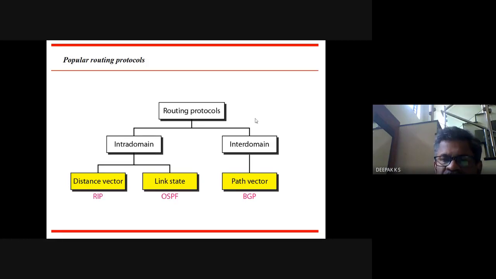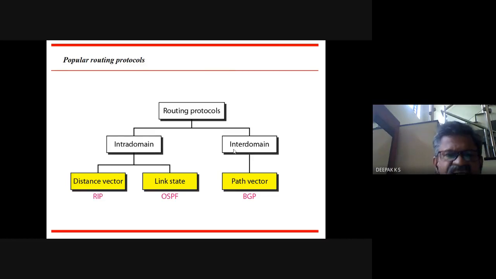So it is the inter-domain protocol between autonomous systems. And for intra-domain routing protocols, we have distance vector and link state. So Routing Information Protocol is the distance vector protocol, and Open Shortest Path First is the link state protocol. So we need to study these three types of routing. One is based on distance, one is based on link state, and another is path vector. So these are the three types of protocols.